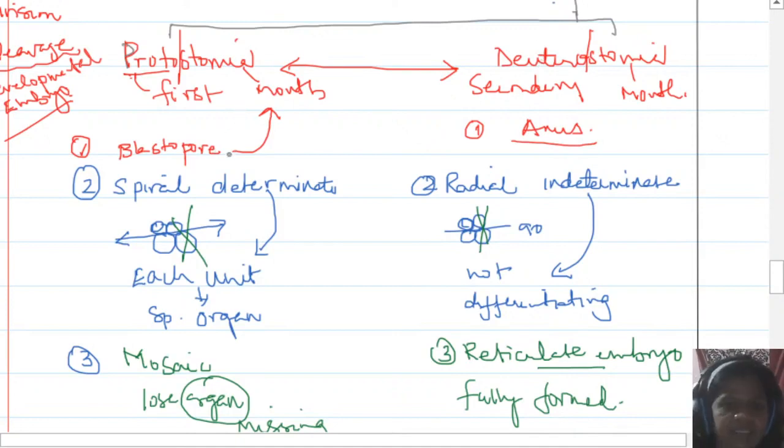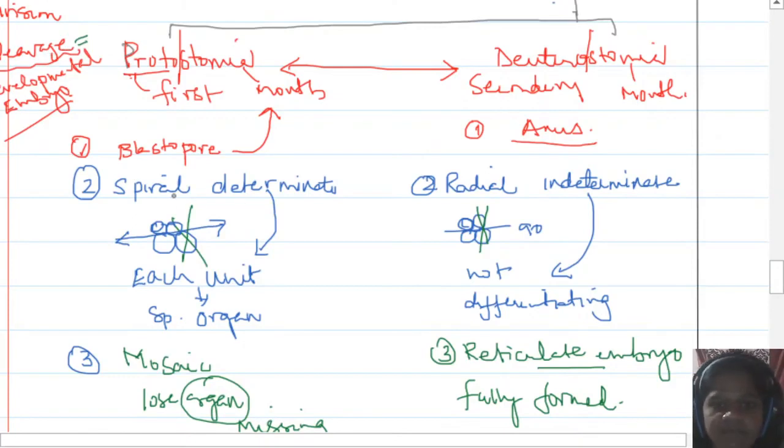The first one is that the blastopore forms a mouth in this, and the blastopore forms an anus in this one, and the cleavage. We usually don't call these divisions. We're not talking about the taxonomic unit here. The cells that divide first, before forming the embryo, are called cleavages. Rather than calling them divisions, we call them cleavages.